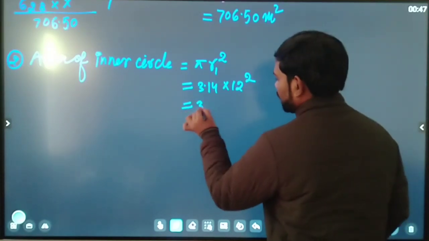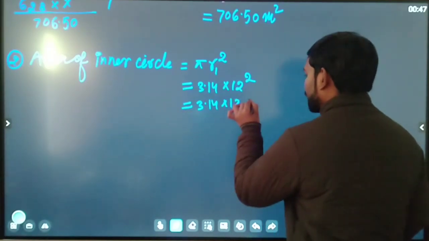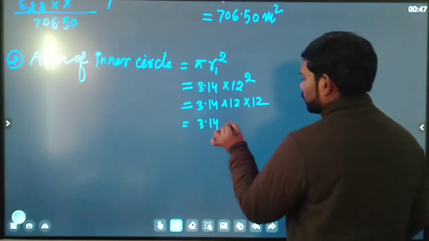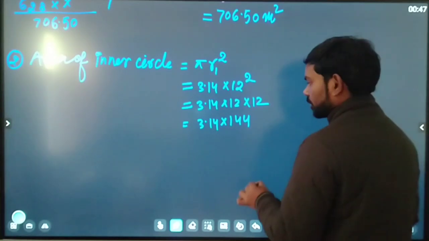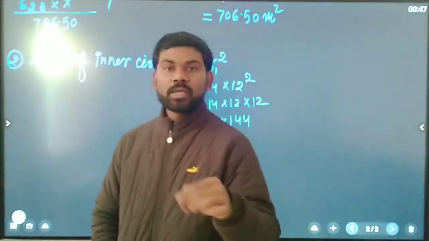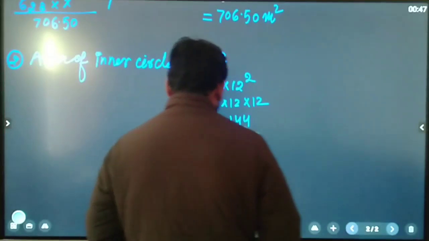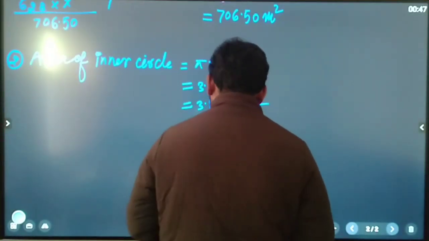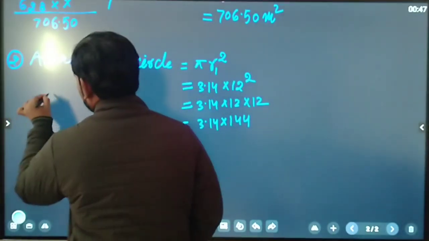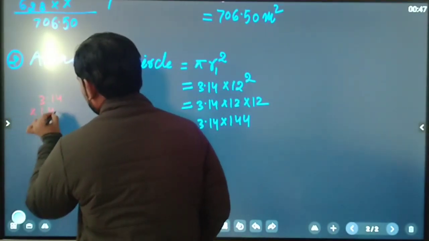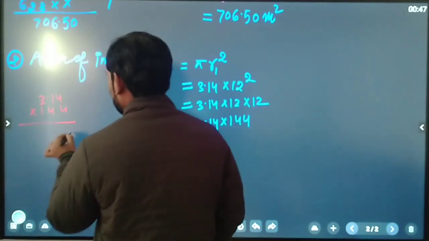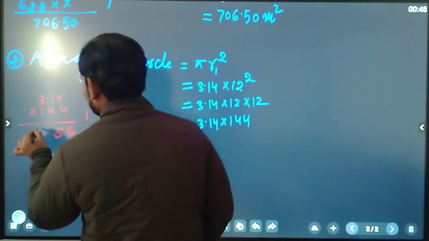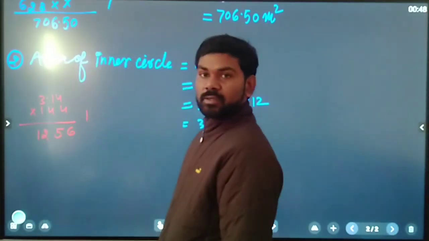So it can be written as 3.14 into 12 into 12, and we get 3.14 and 12 into 12 is 144. Again multiply 3.14 by 144. We get 4 times 4 is 16, carry 1, 4 times 1 is 4 and 1 is 5, and 4 times 3 is 12. Is that clear?